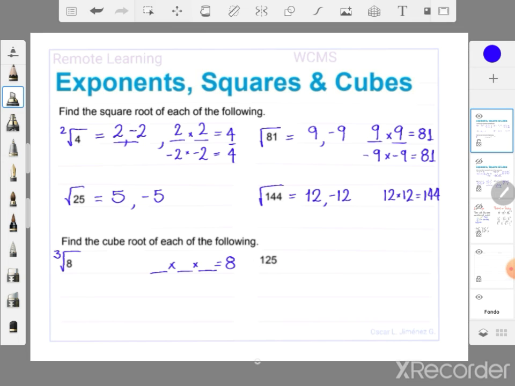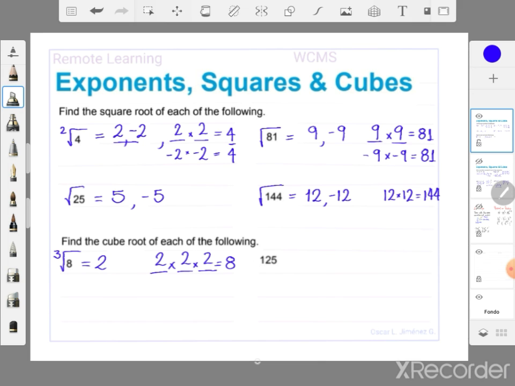And this is easy. The number is 2, because 2 times 2 equals 4, and 4 times 2 equals 8. Again, when you multiply the number by itself 3 times, you get 8. So the answer right here is 2.